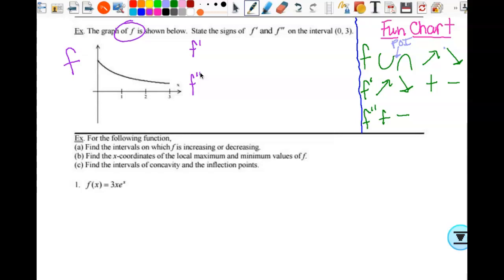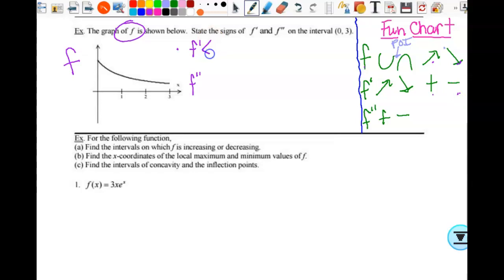And do we figure that out from concavity or increasing, decreasing? If I want f prime, and I'm talking about positive and negative, I'm looking at f increasing, decreasing, right? So I don't really care about the concavity to answer that first part. You with me? So I can see that f is decreasing, therefore f prime is negative.